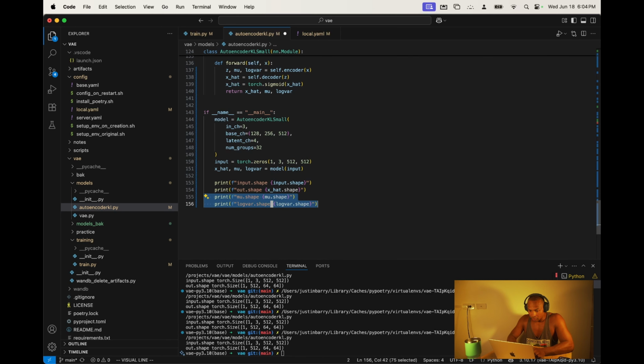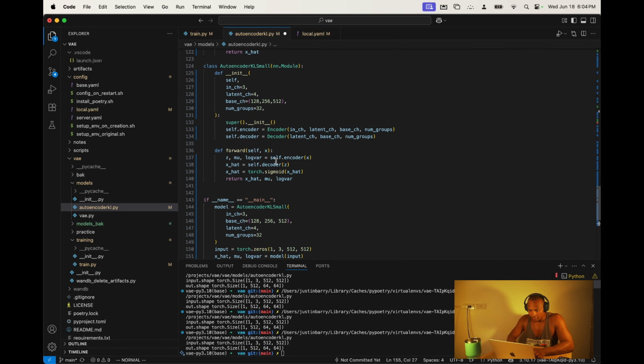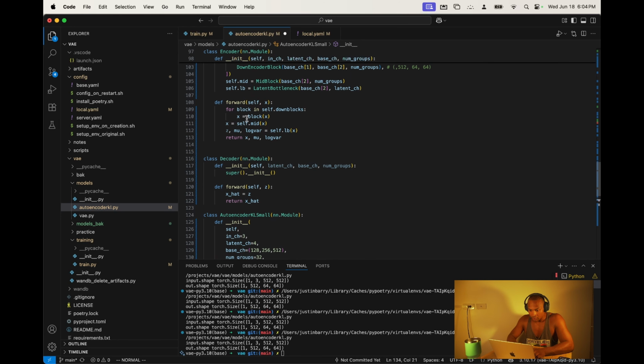Looks like it works. We should have mu and log variance now. The encoder returns.